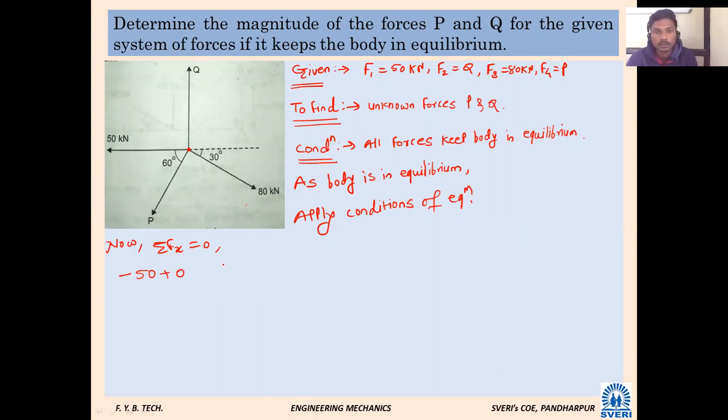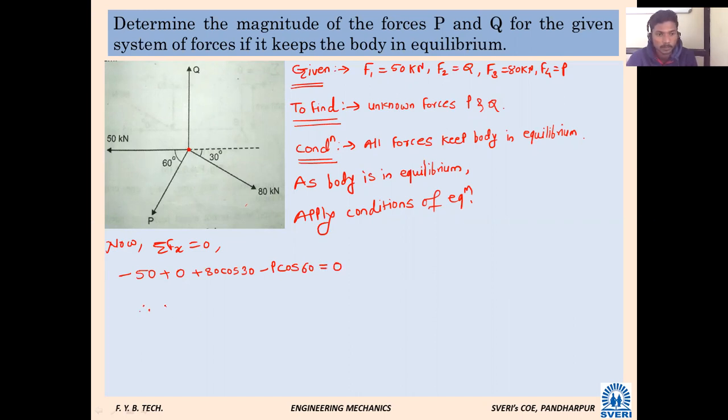Next, 80 kilonewton: 80 cos 30. For force P, minus P cos 60. So minus P cos 60 equal to 0.